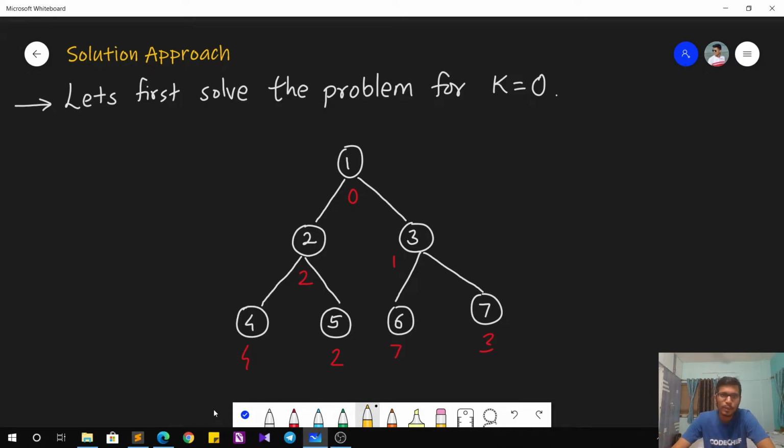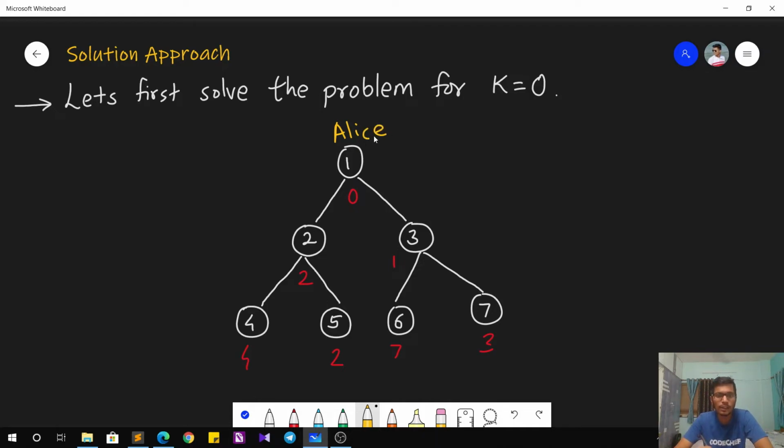Now, this problem can be easily solved using dynamic programming. If you are aware of trees and dynamic programming, you can easily solve this using a bottom-up approach. What do I mean by a bottom-up approach? I want to find the answer where Alice starts the game with the root node.